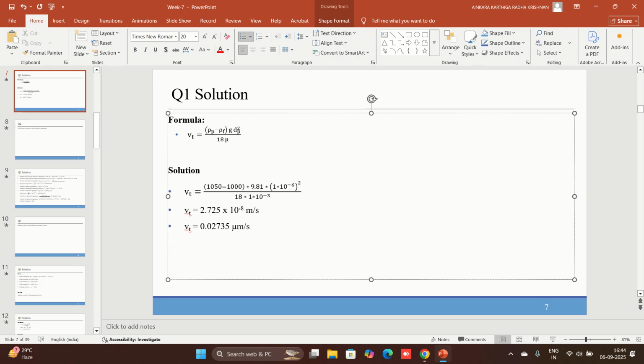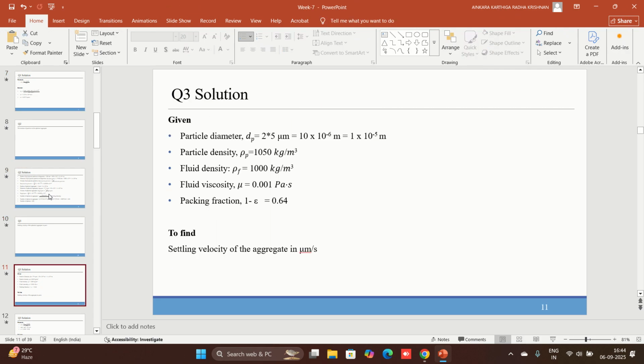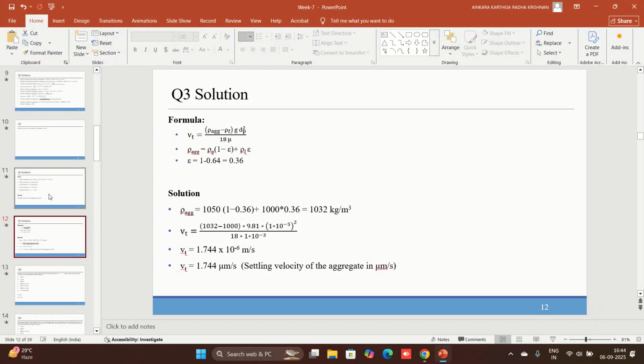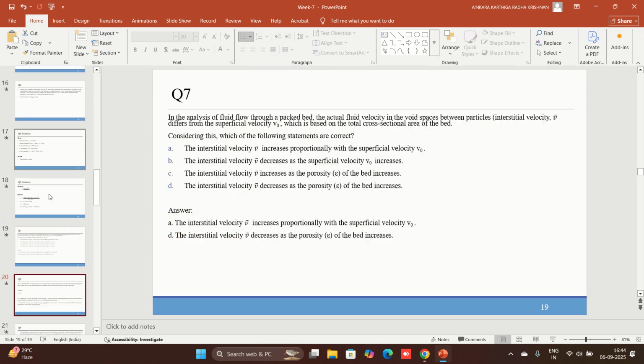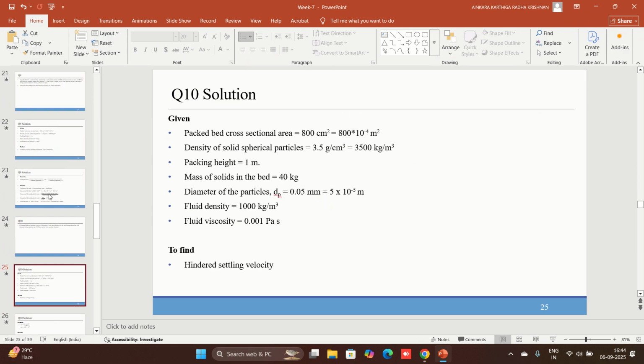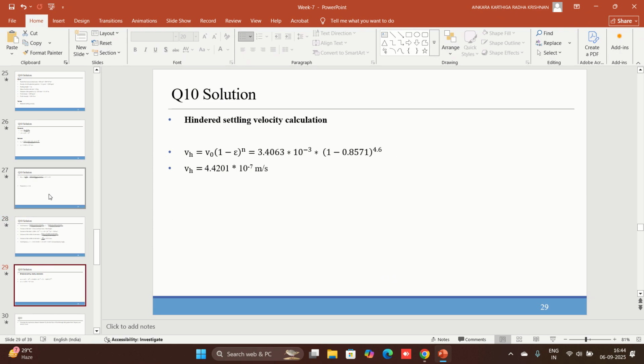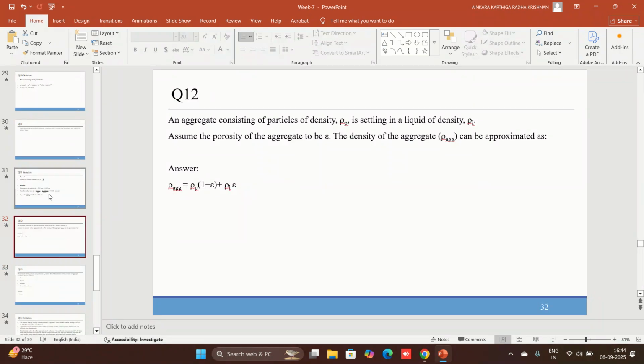We can show here. But yeah, 0.0273, and here it is 1.74. So the aggregate terminal settling velocity is considerably higher than the individual particle terminal settling velocity. So keeping that in mind, let us answer the question 12 or 13.